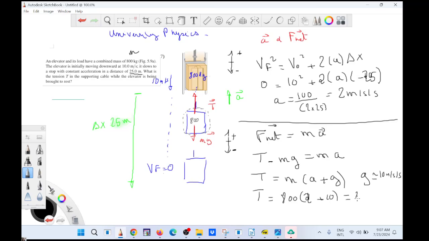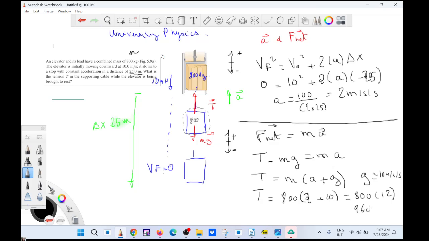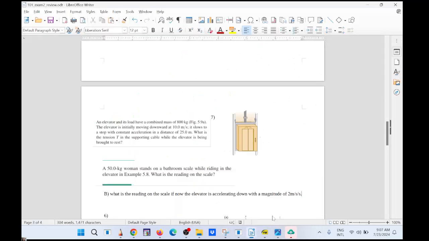So that's going to be 800 times 12 Newtons. The mass is 800, and then you have the acceleration due to gravity plus the acceleration here, which is 9600 Newtons. Okay, but that's not done. There is another question.